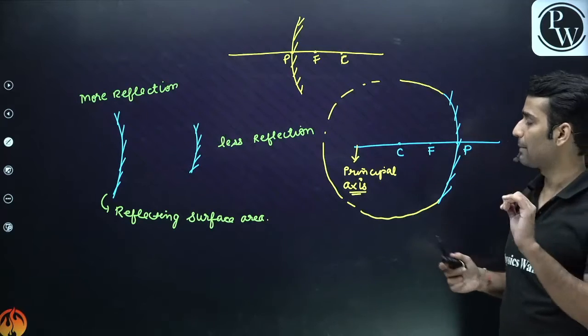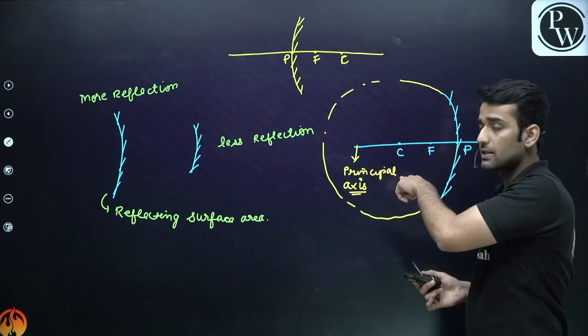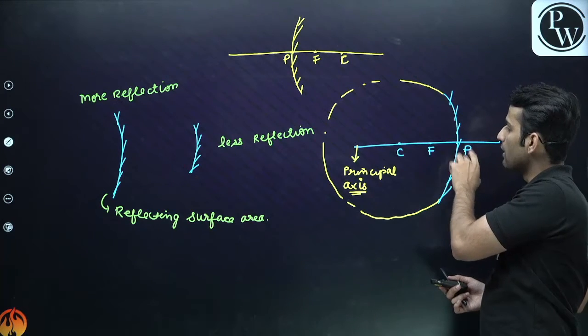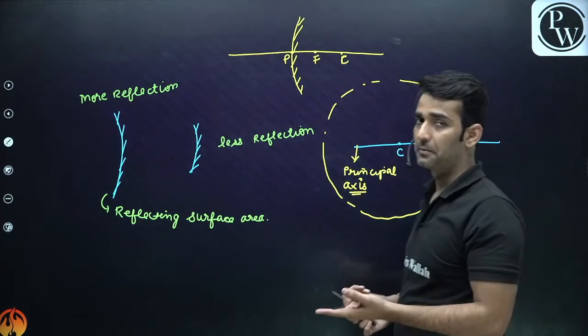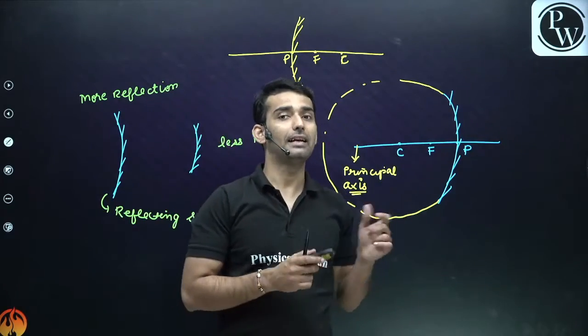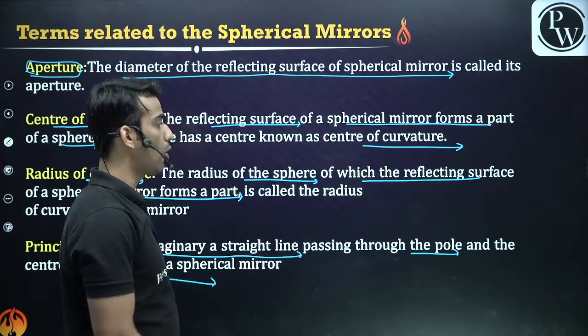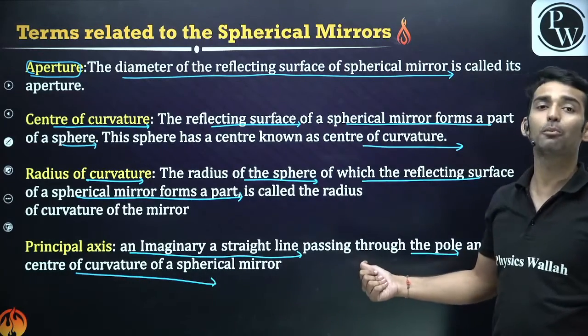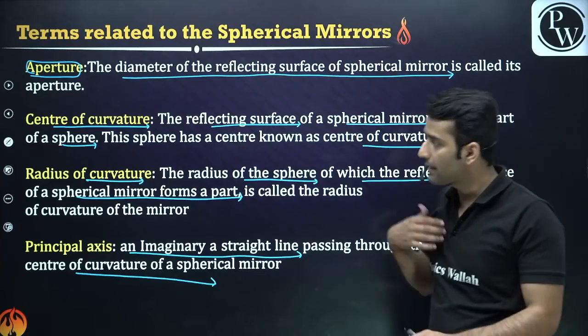So these are the terms related to the spherical mirror. You should remember principal focus, center of curvature, focal length, radius of curvature, pole, aperture, and principal axis, because you will need all these things in image formation. Okay, write down all these terms. The definitions of these terms are asked in the board examination. For example, define center of curvature.